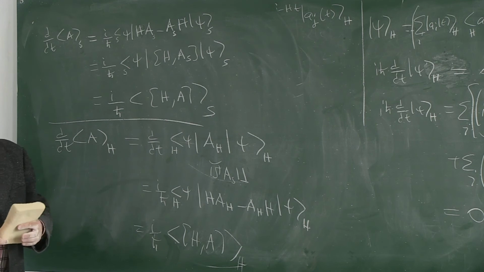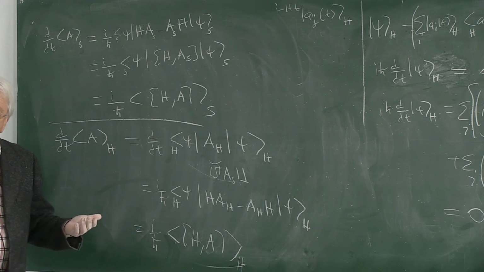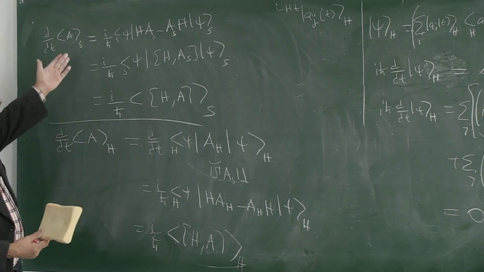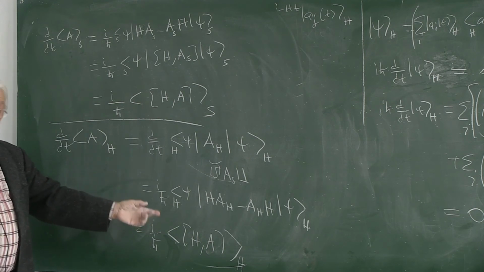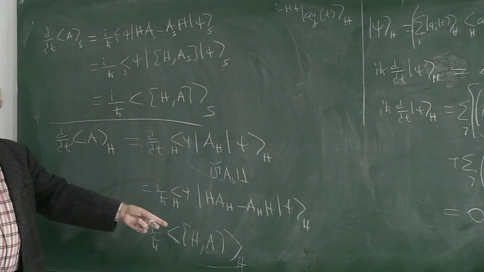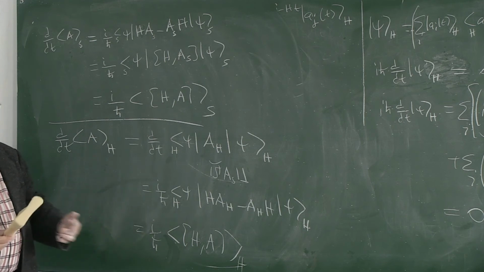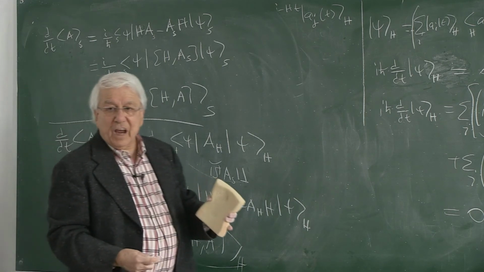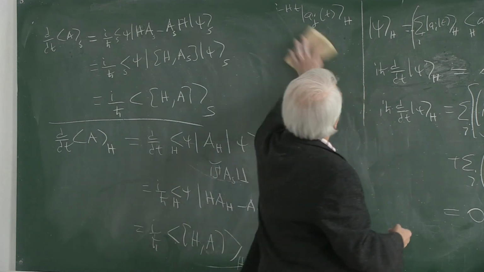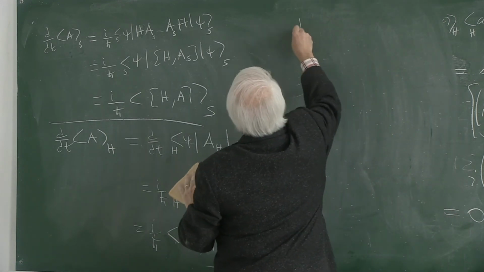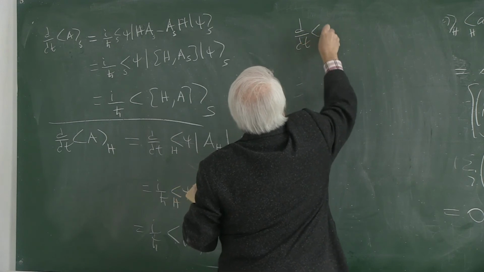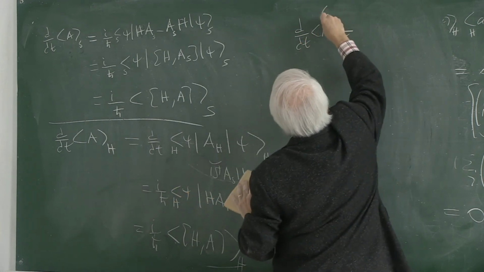And knowing that all these things, whether it's Schrödinger or Heisenberg, have the same expressions, whether it is the A's directly or the commutator of A with H, I drop the S or H labels, and I get a general theorem which is valid in any picture, which is d by dt of the A expectation, for observables.